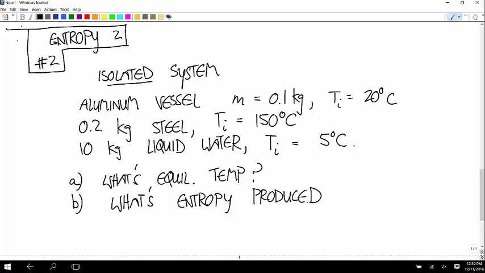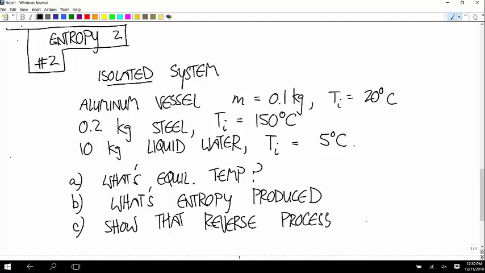And then last, show that the reverse process couldn't happen in an isolated system.